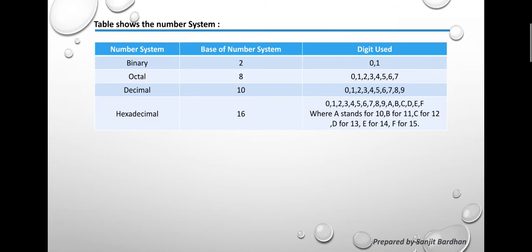So first, all of you need to read this basic material and understand the concept of the number system, okay. Otherwise you won't understand the conversion between number systems. So you need to read this topic very carefully, okay, very carefully.